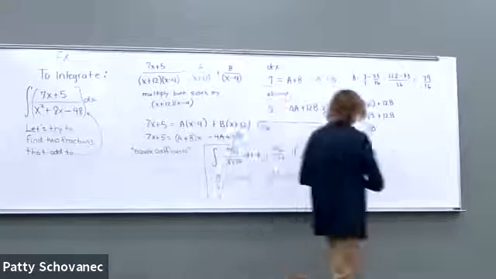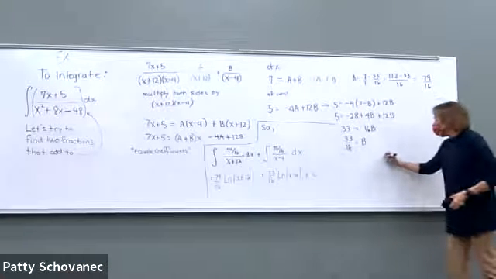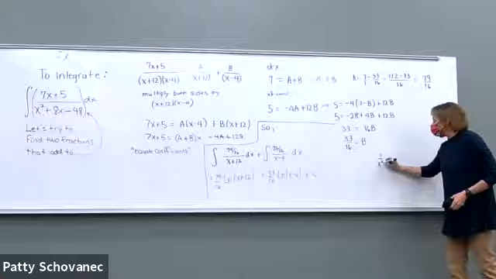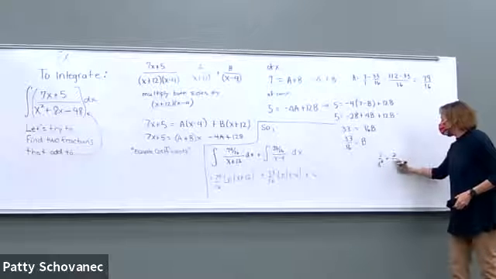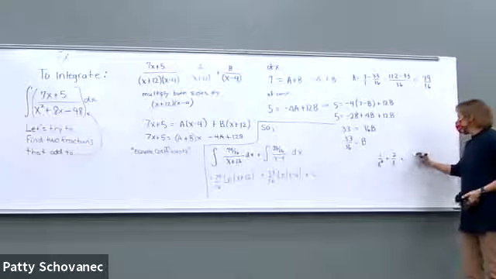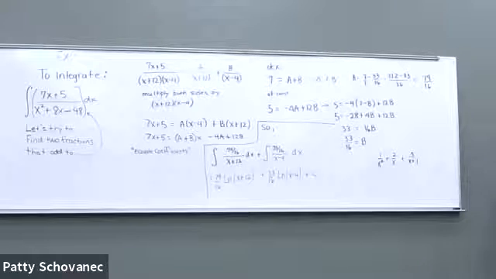Like for instance, what if you add 1 over x squared with 2 over x with 5 over x plus 1? What's the least common denominator? X squared times x plus 1. The least common denominator is x squared times x plus 1.